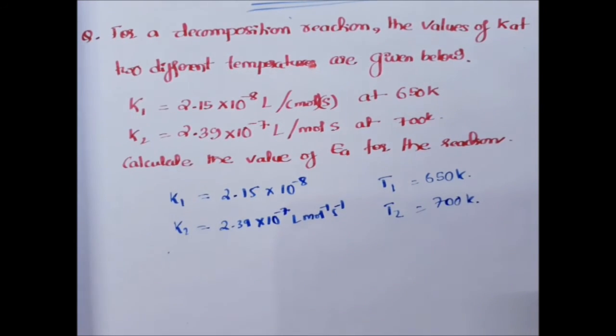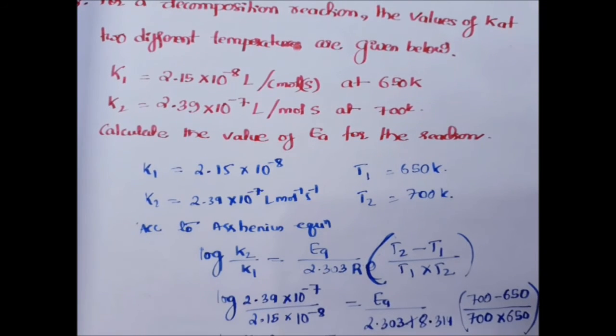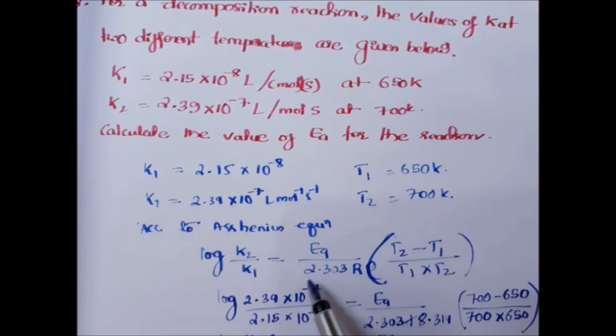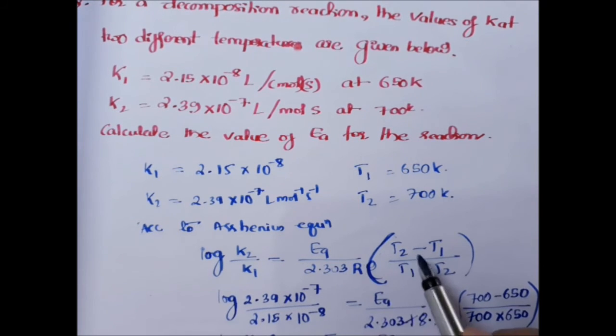From the Arrhenius equation, we know that log K2 by K1 equals EA divided by 2.303 R into T2 minus T1 divided by T1 into T2.